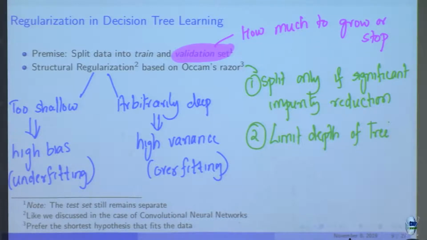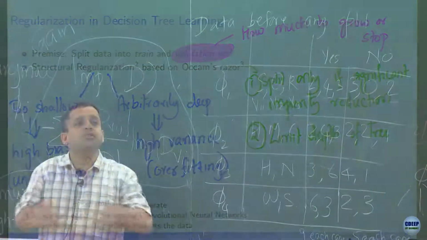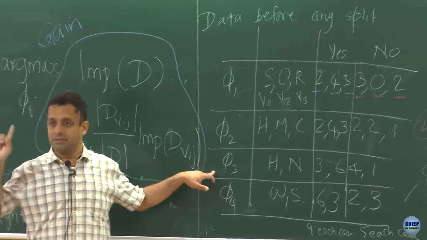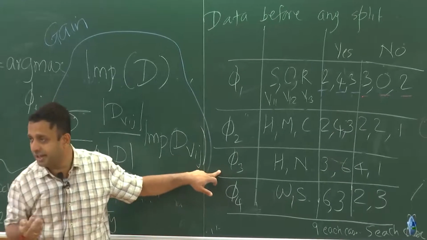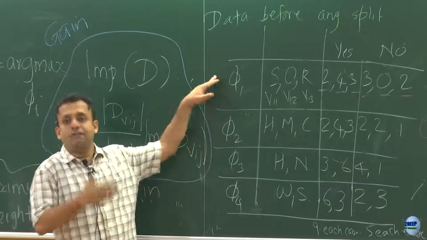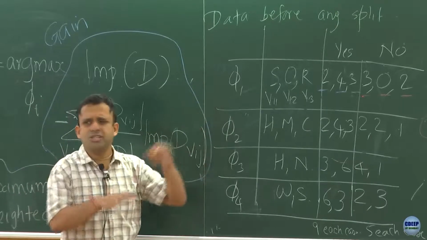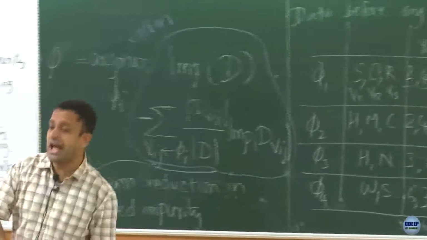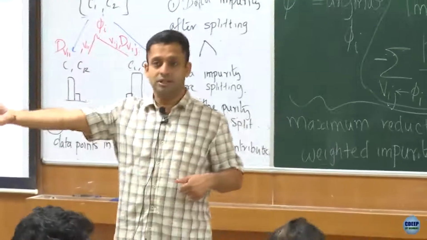Sometimes what happens is the attribute I pick, let's say I pick phi1, makes a very small difference in the impurity reduction. But suddenly the way phi1 influences the distribution, phi3 starts making a big difference. Because the whole choice was greedy, I might pick a feature to split on which is not very interesting.